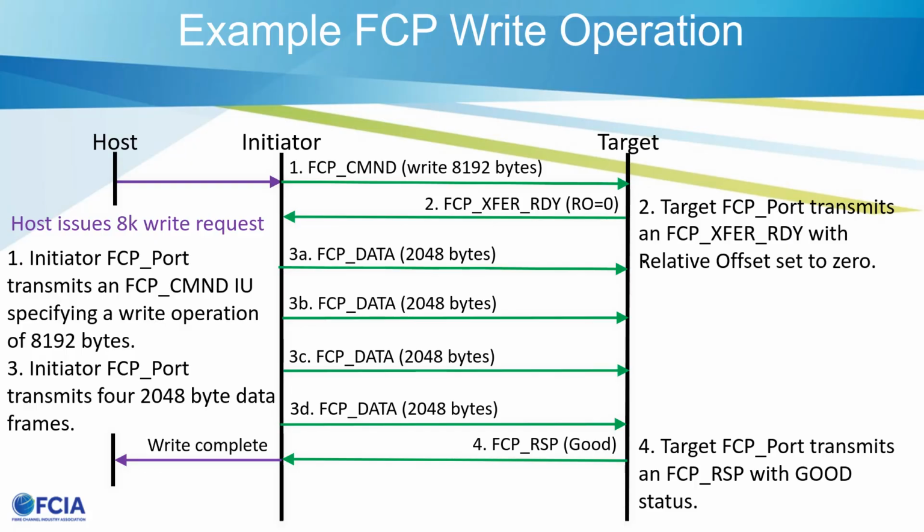Once the target gets it and tucks it safely away, he will respond with a status message indicating that it was a good I/O operation. The write complete goes back to the host, and at that point, that is complete. So that's a write operation.